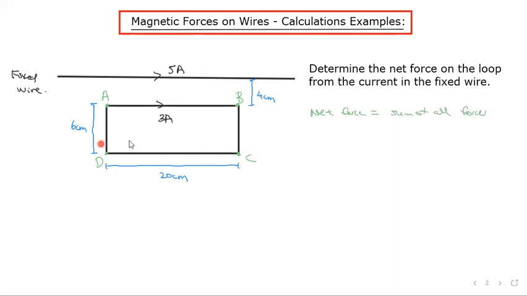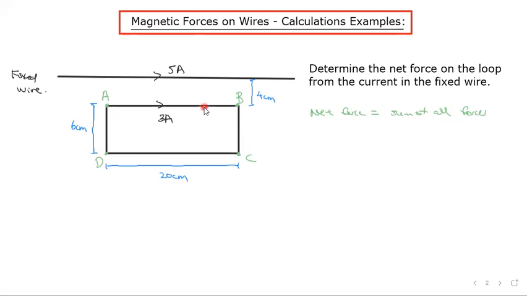The loop is made up of your different sides, AB, BC, CD, and DA. If any of the sides experience a force, then the sum of those forces will give you your net force. So let's consider each one individually.